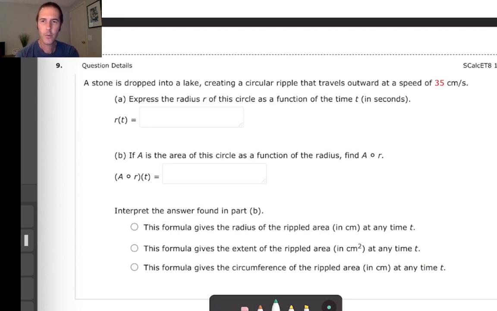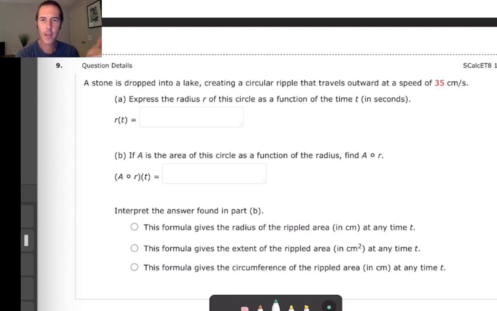Well, when a stone's dropped into a lake, I can imagine the stone like the sun setting into the ocean. It's halfway into the ocean, no ripples yet. But a second later, you can bet there are going to be some ripples radiating outward in a circular pattern at a speed of 35 centimeters per second.